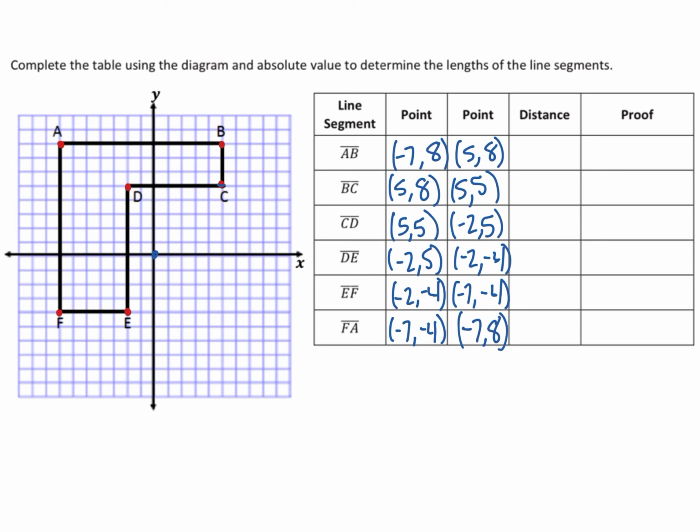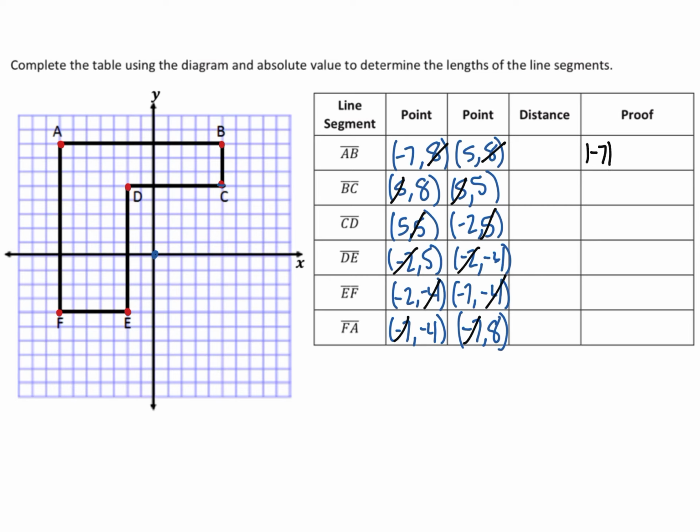Now we go through and we cross out all the things that are the same about them. And now we're going to work with the absolute values in our proof. So I'm going to put the one that has the bigger absolute value first.